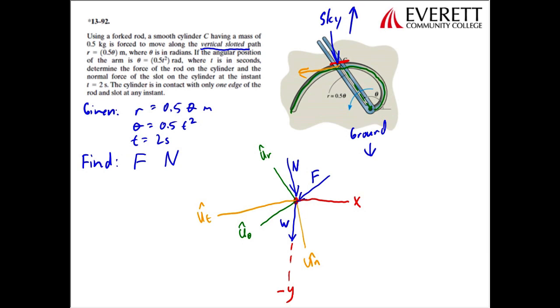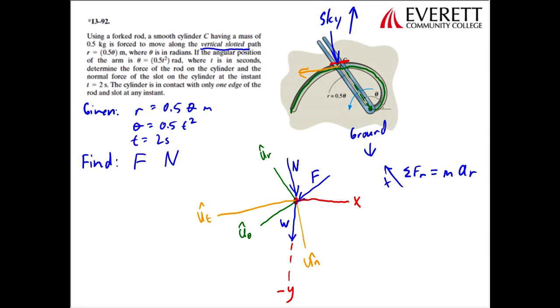Okay, so now in order to solve this, we're going to need to set up some angles between the different coordinate systems, because we need to be able to relate these forces to the cylindrical coordinate system so that we can sum the forces in the radial and the theta directions. So the equations of motion that we're going to be using: we want the sum of all the forces in the positive radial direction to be equal to mass times acceleration in the radial direction.